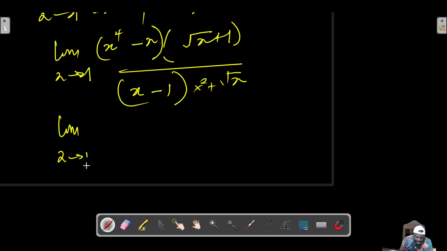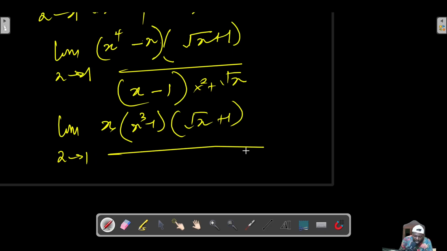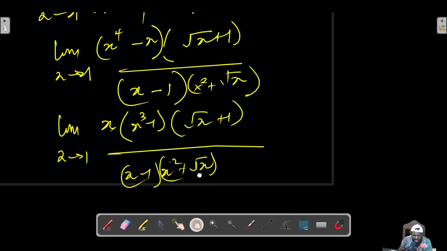So the limit as x approaches 1, I can factorize x out from here. What do I get? I get x cubed minus 1 multiplying root of x plus 1 all on x minus 1 multiplying x squared plus root of x.